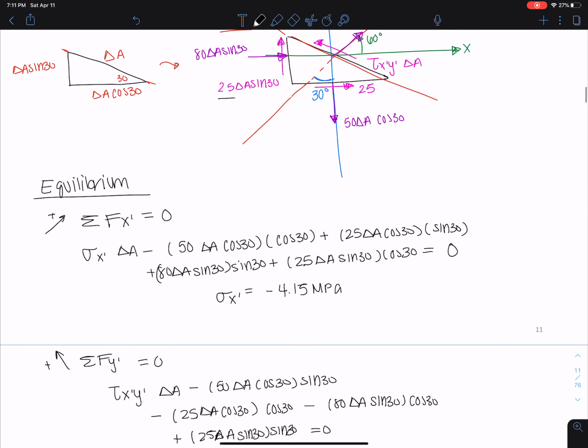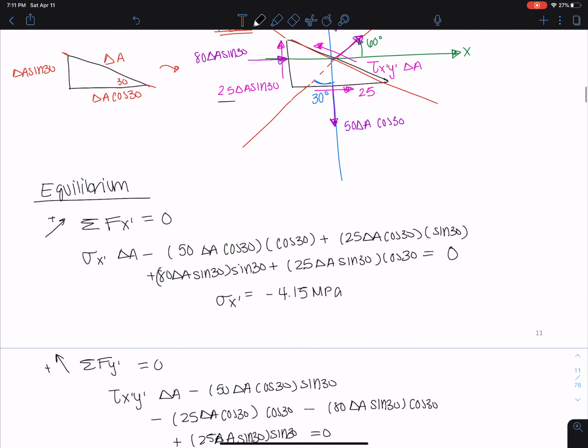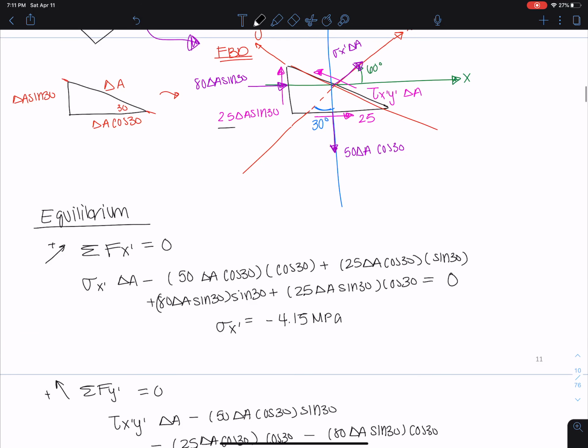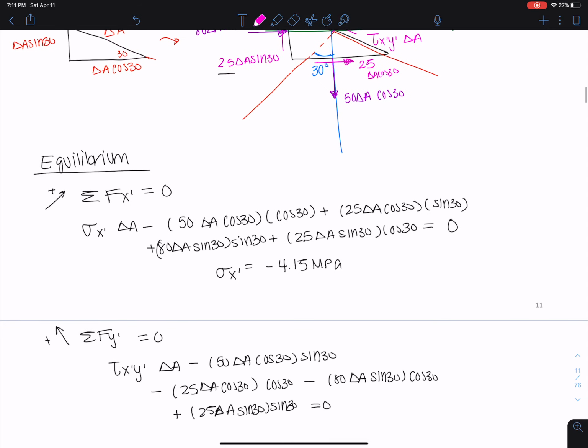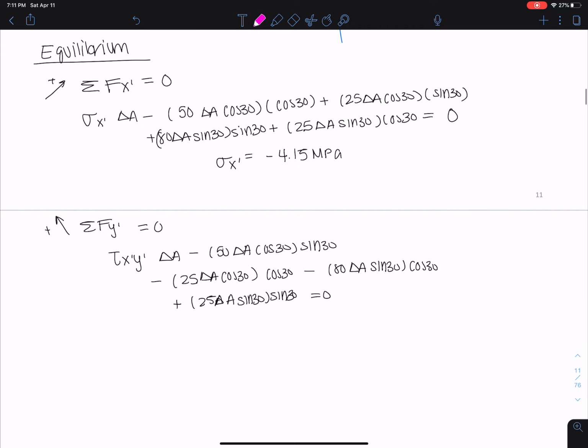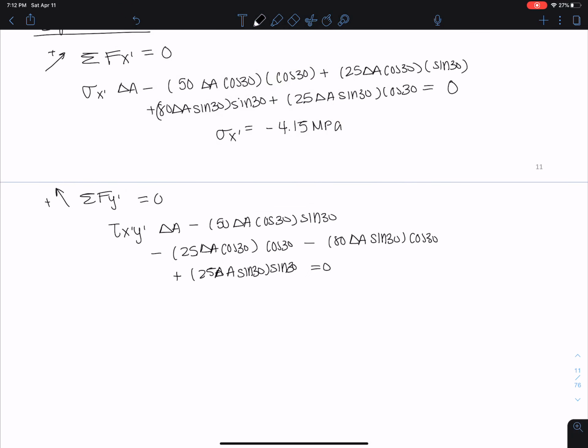And here we're going to solve for, I think I actually forgot a cosine here. Oh, I forgot a cosine here. That's why we're off. Okay, there we go. Now everything should match up. And now we have tau x prime y prime equals 68.8 MPa.